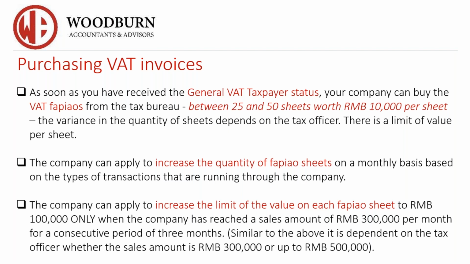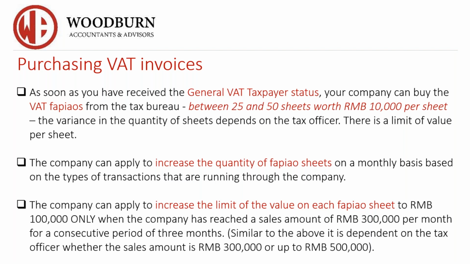Now, the biggest question is, so let me give you an example of the 10,000 renminbi sheets. If you sell a service to a client and you're going to issue a general VAT Fapiao, a special VAT invoice to your customer, and the amount is 15,500 renminbi, you will be issuing 2 sheets, one for 10,000 and one for 5,500, okay?